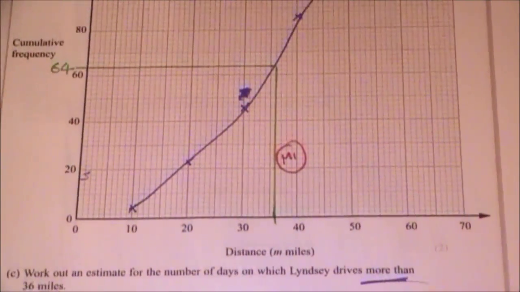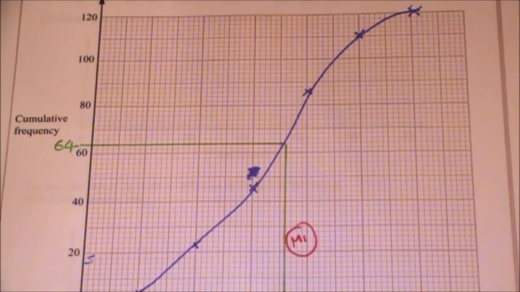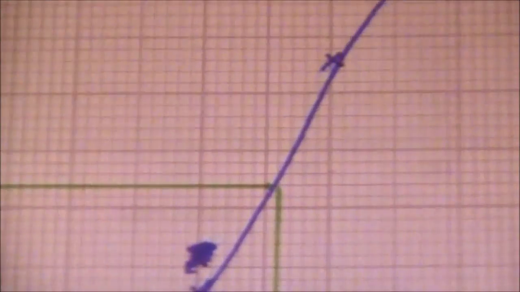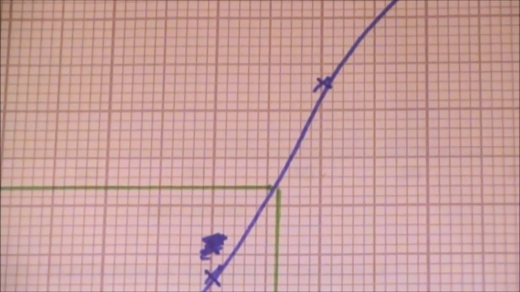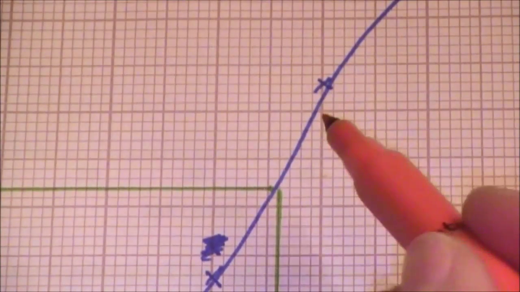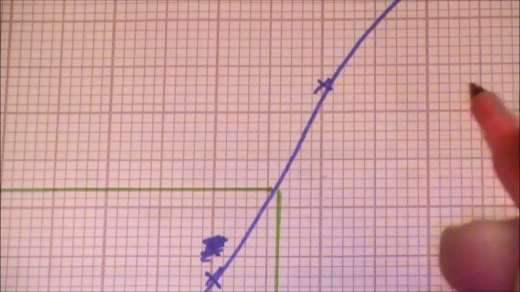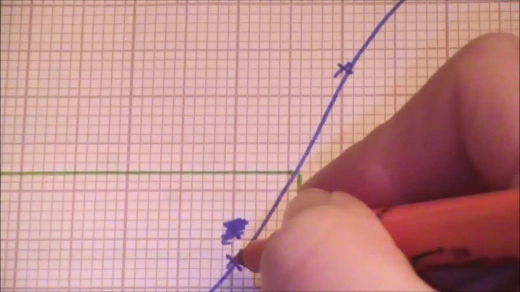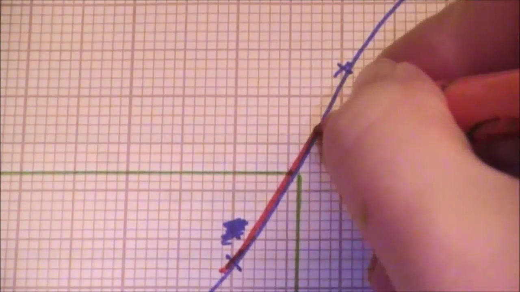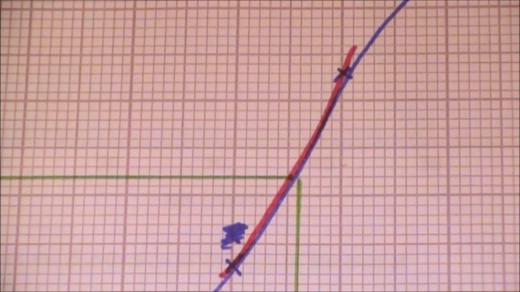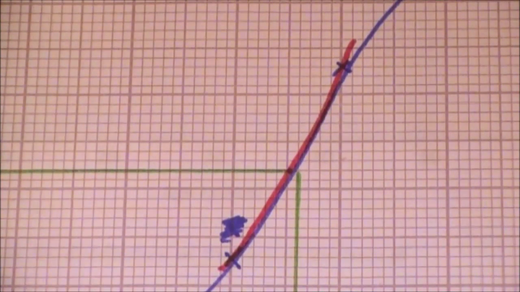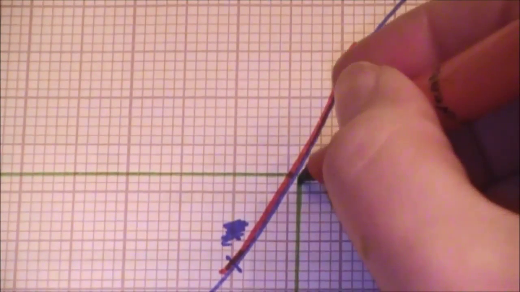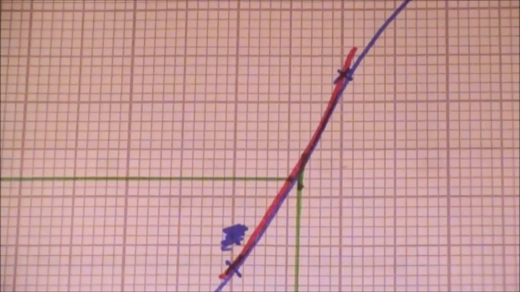This is why. When I was drawing my graph, let me zoom in, at this point I didn't draw my graph through my X. I was sloppy. If I'd connected that X neatly up to that one, then my green line would have actually gone way up there.